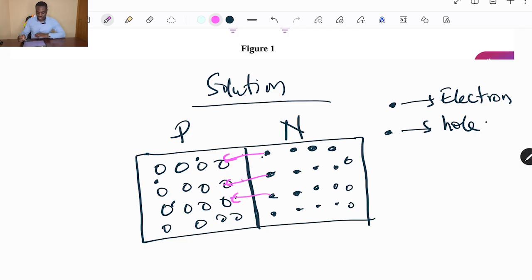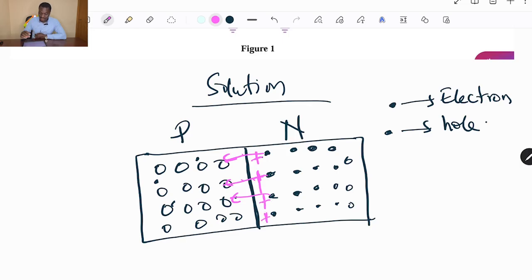Because electrons are leaving the N region, you end up creating positive ions near the PN junction where the electrons were located. Once they leave, you get a positive ion. Another electron migrates, you get another positive ion.